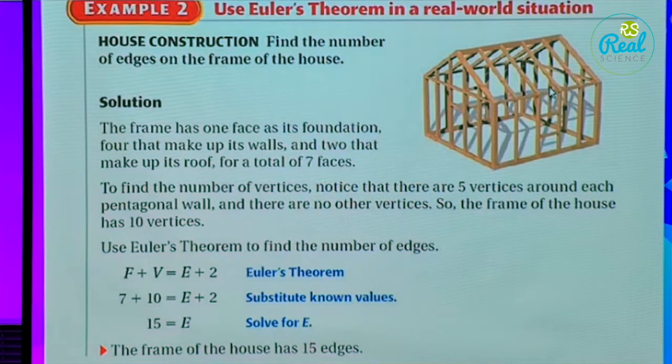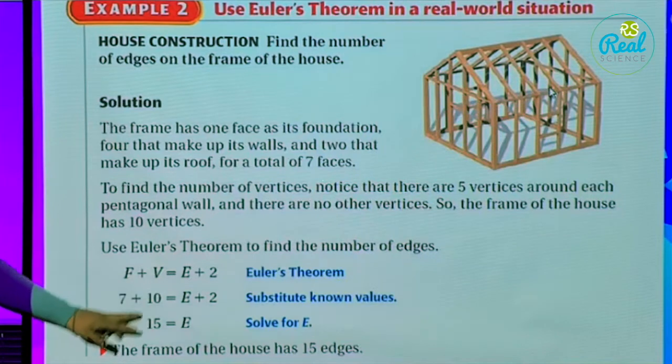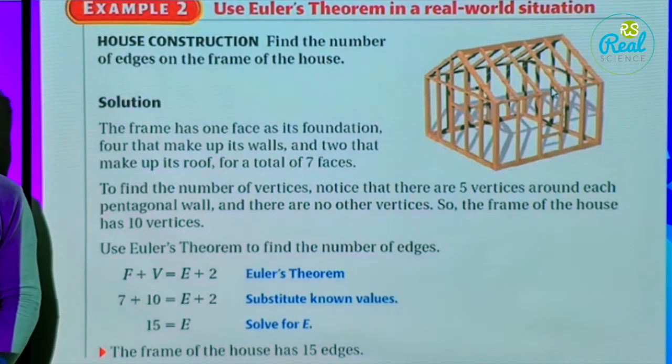Use Euler's theorem to find the number of edges. Okay, 7 and 10. If we put 7 and 10 instead of these, E is going to be 15. It's so simple, quite simple. Yeah? If you know the formula, quite simple.